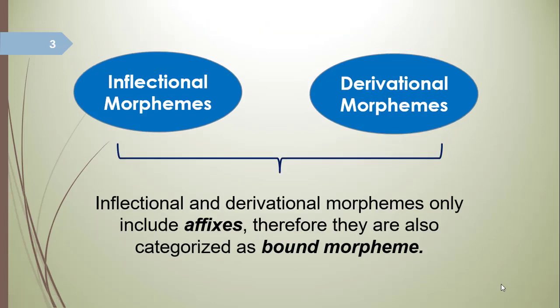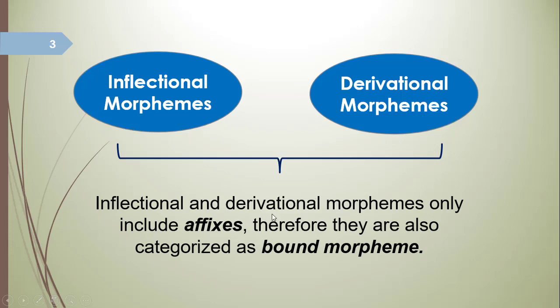Inflectional and derivational morphemes have one similarity: they only include affixes. Therefore, they are also categorized as bound morphemes, because an affix is a bound morpheme.